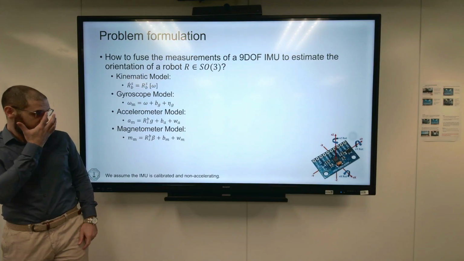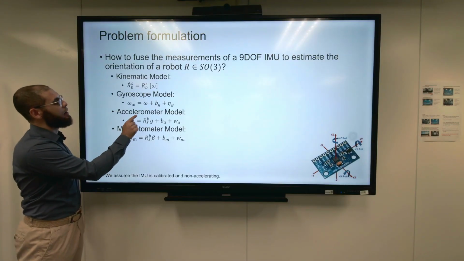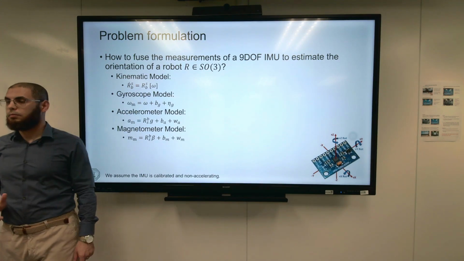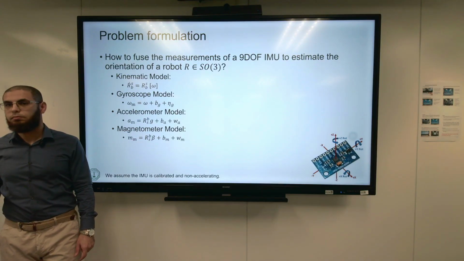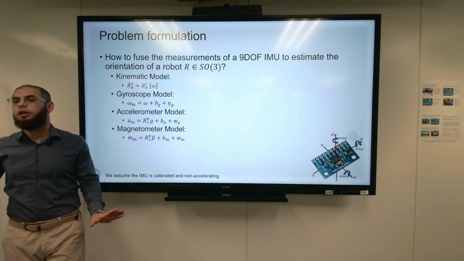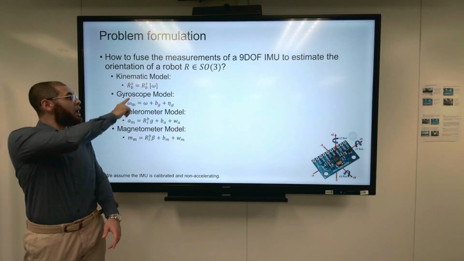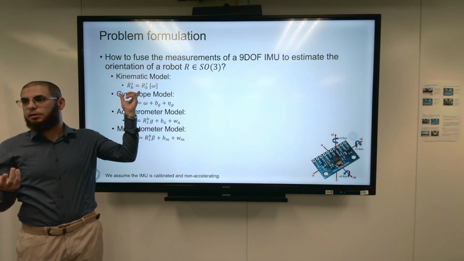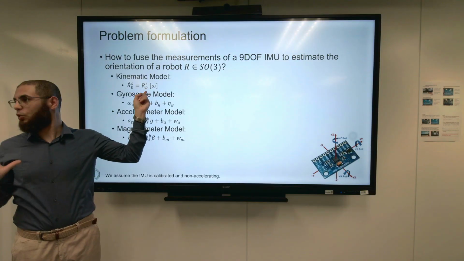Now let me ask you, these equations 1, 2, and 3, are they linear or non-linear? Yeah, they are non-linear. You see here, I have a multiplication of the x. The x we want to estimate is the rotation matrix R. So the x and the u are multiplied together, so that's already non-linear.